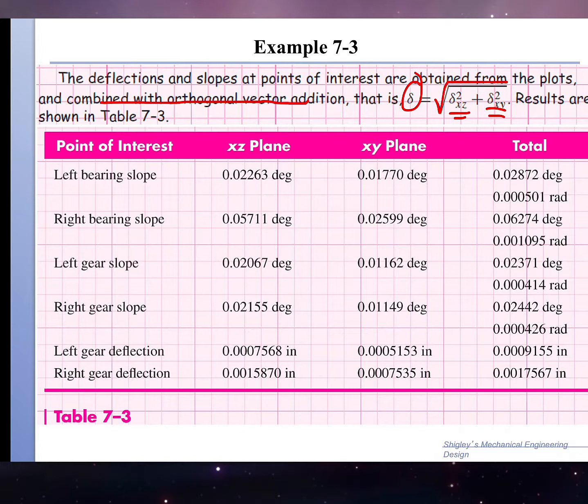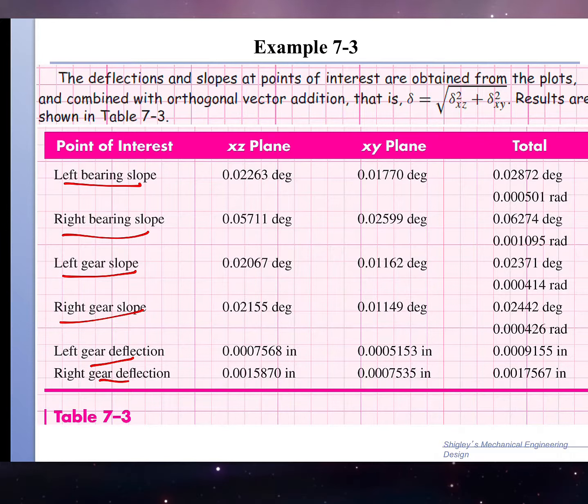And the same thing happens for the slopes. So once we do that, then we see at different points: the left bearing slope, right bearing slope, and left gear, right gear, and the left gear and right gear also for the deflections.